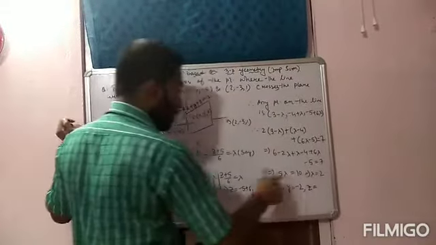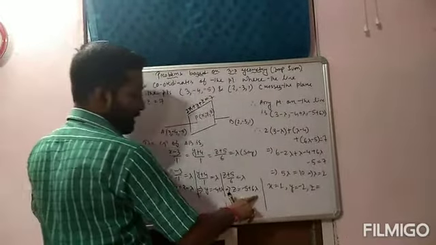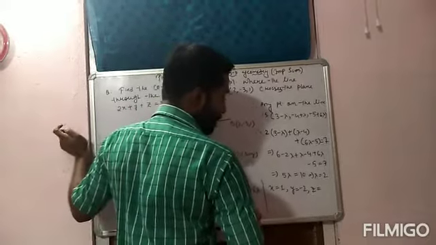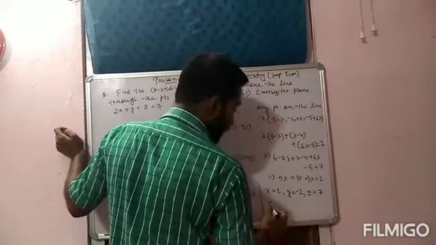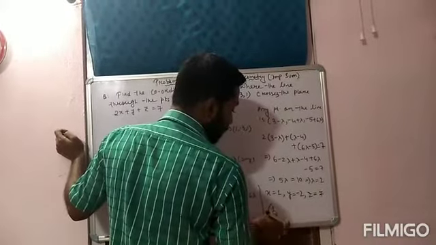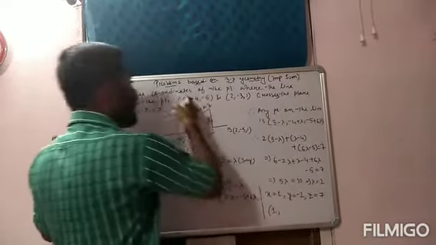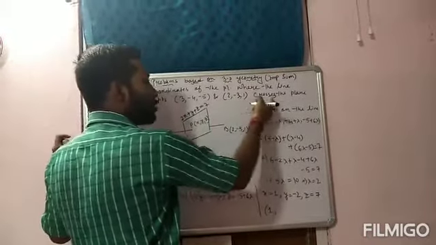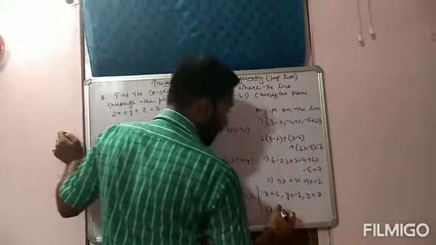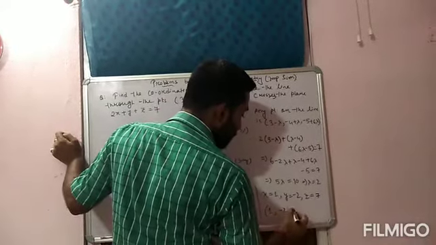Again, in z, we get minus 5 plus 12, that means 7. So therefore we can say that the coordinates of the point where the line passing through these 2 points crosses the plane are 1, minus 2, 7.